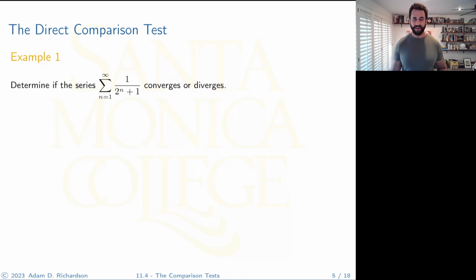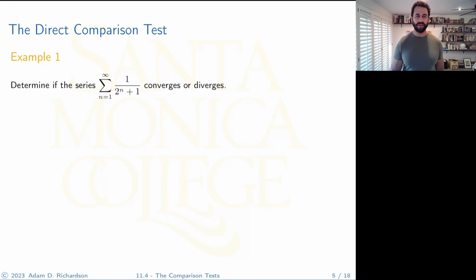All right. For me, I have a feeling that it is going to converge. And the reason that I think it's going to converge is because I see this 1 over 2 to the n, right? And 1 over 2 to the n looks like a geometric series where the common ratio is 1/2. And I know that converges. And the only difference between those terms and these terms is this +1.